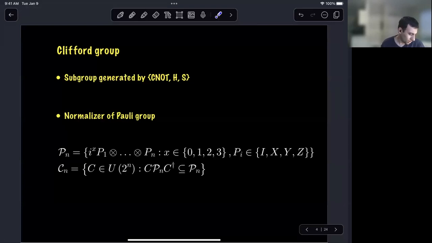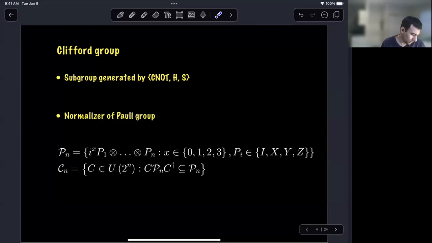The other equivalent definition is the normalizer of the Pauli group. You probably know the Pauli group is the set of tensor products of I, X, Y, and Z. And the Clifford group is the set of unitaries that, if you conjugate the elements of the Pauli group, they remain in the Pauli group.